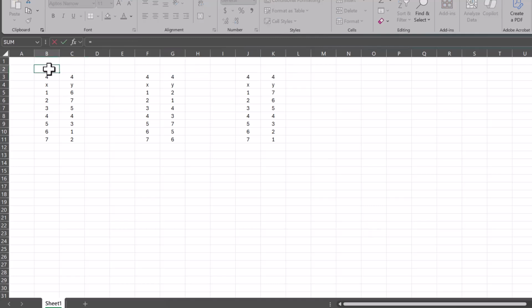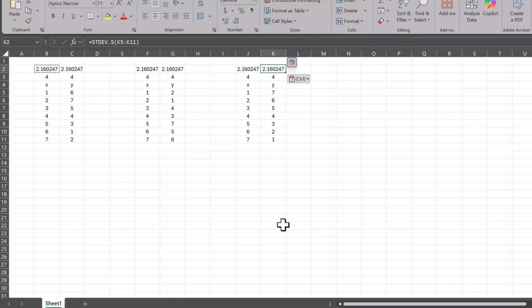All right, now the standard deviation. So same average and same standard deviation.